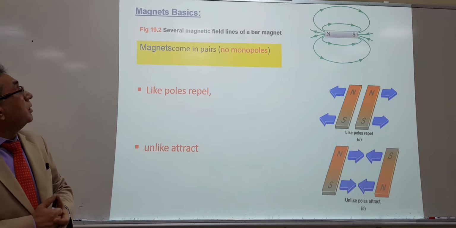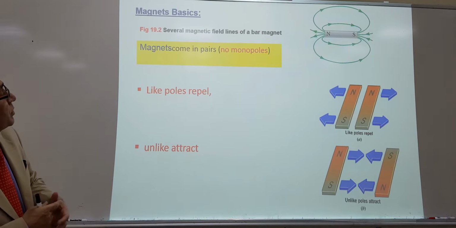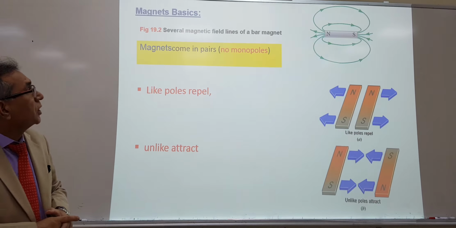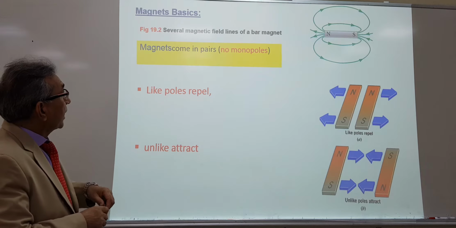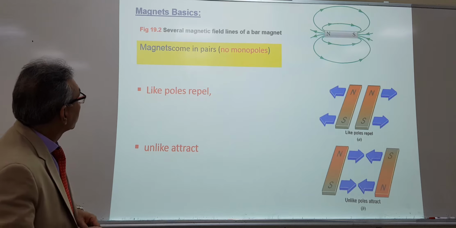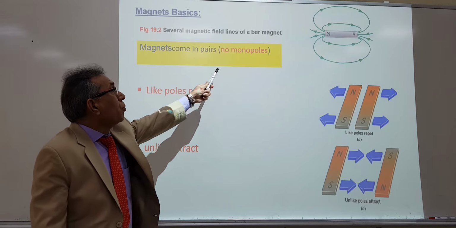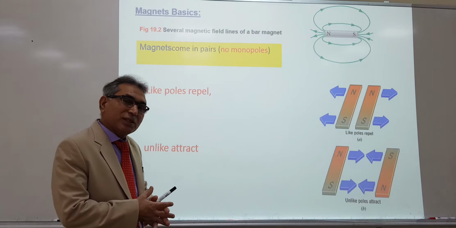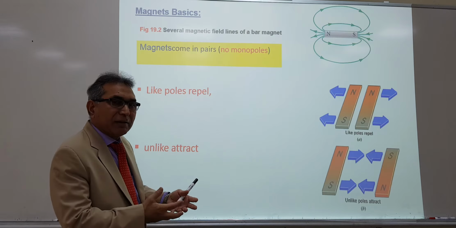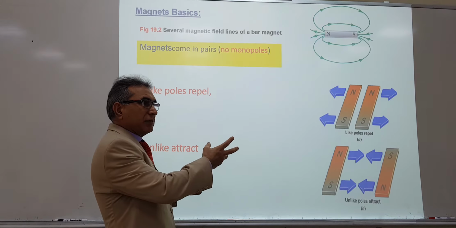So, basic concepts. As you know, you might have experienced magnets since your childhood. You know that it has two poles, north and south pole. Magnets come in pairs, no monopoles. You have discussed in electrostatics, chapter number 15, that you may have a single positive charge, and due to that you have an electric field.